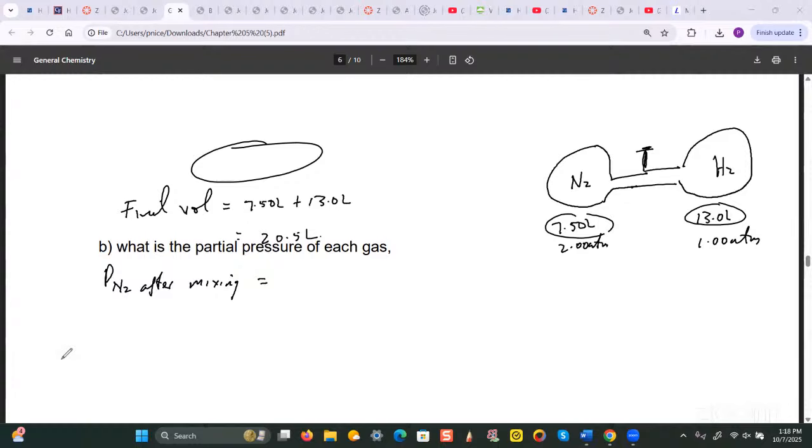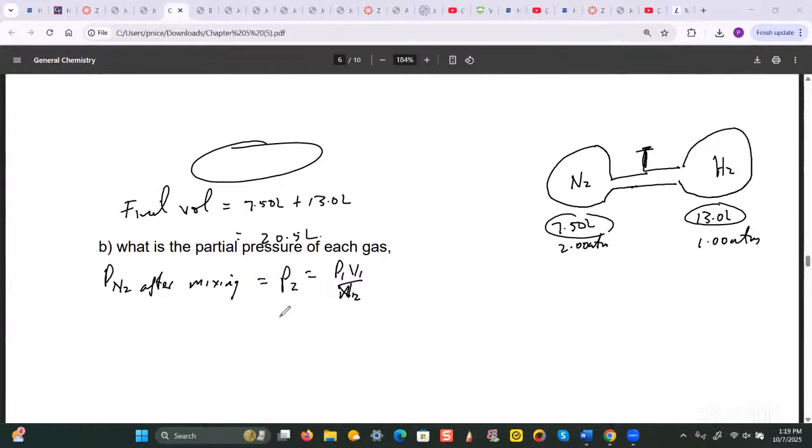Basically, P1 V1 equals P2 V2. Exactly. So in the case of nitrogen, what they're asking for is P2, right? So P2 is equal to P1 V1 over V2.